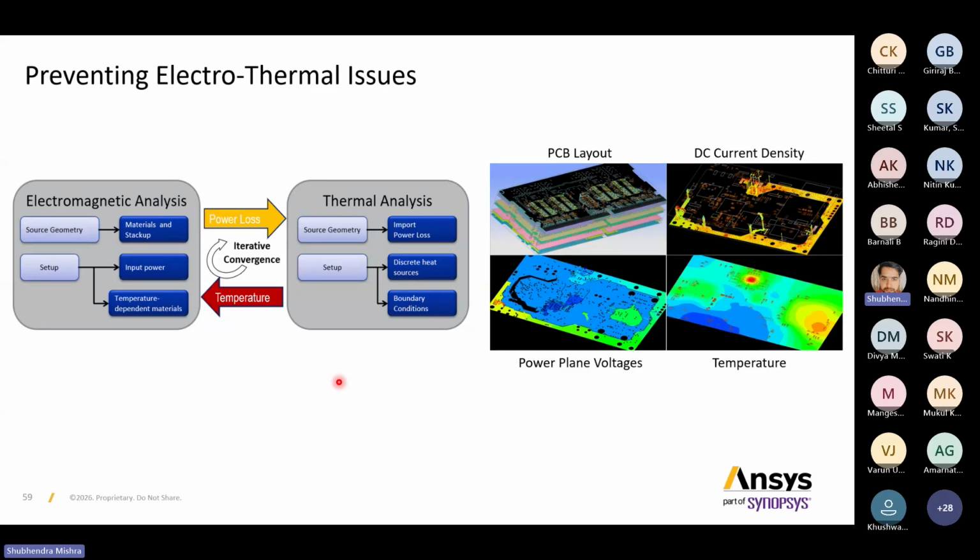This is basically your electrothermal physics, where you analyze electromagnetic data, export that power loss into the Icepak, and after completing the Icepak, you import that temperature again to the HFSS or SIwave tool, and you can evaluate how the convergence is, how the results are changing and all. For that analysis, you can go with the electrothermal analysis.